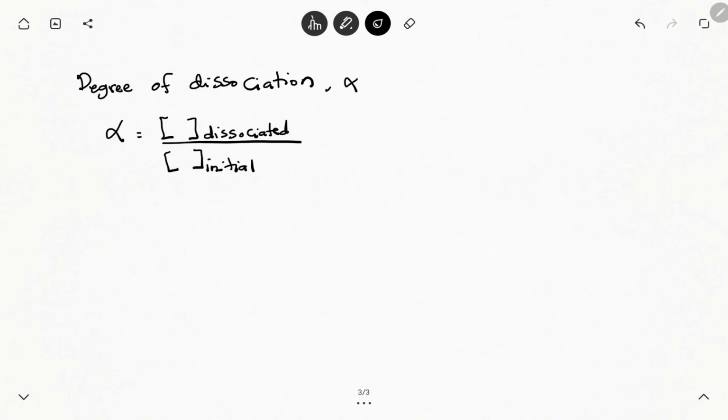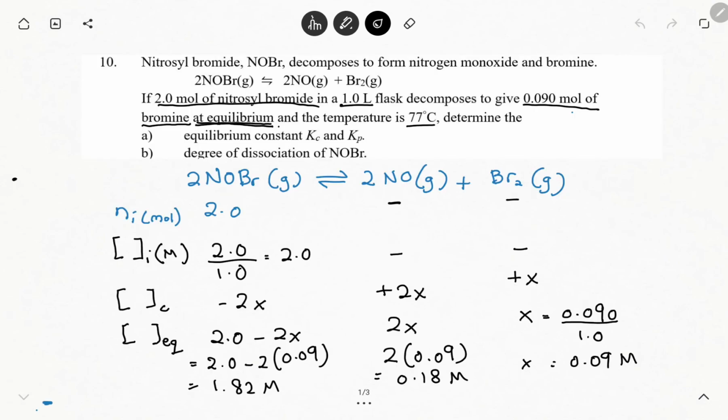Okay, for question B, calculate the degree of dissociation. The formula of degree of dissociation, or alpha, equals concentration dissociated over concentration initial. In this case, we can refer to the concentration change.